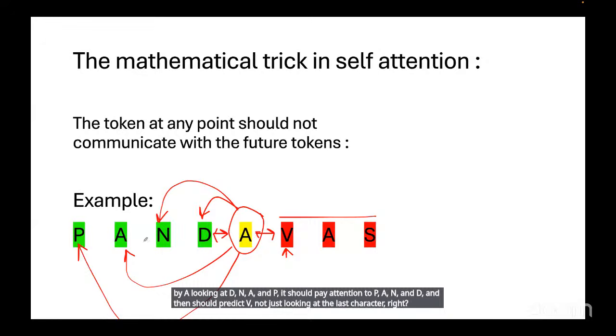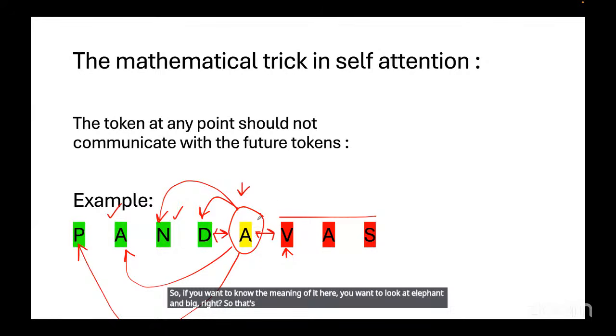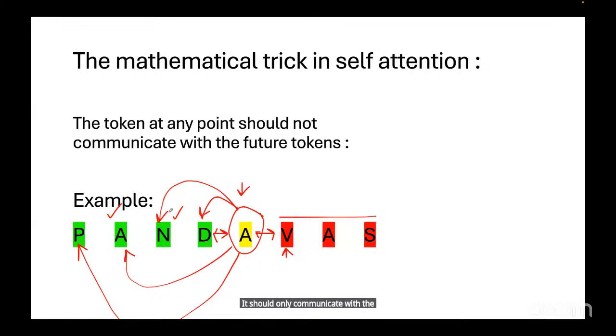Self-attention is like that, where in the sentence 'the elephant could not fit in the car because it was too big', if you want to know the meaning of 'it' here, you want to look at elephant and big, right? That's what we are achieving with self-attention. The token at any point should not communicate with the future tokens. It should only communicate with the previous tokens. Okay.